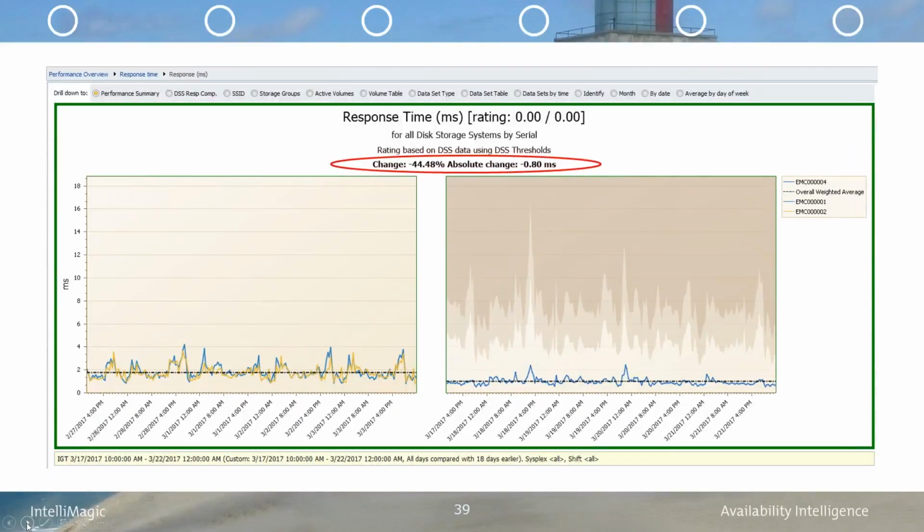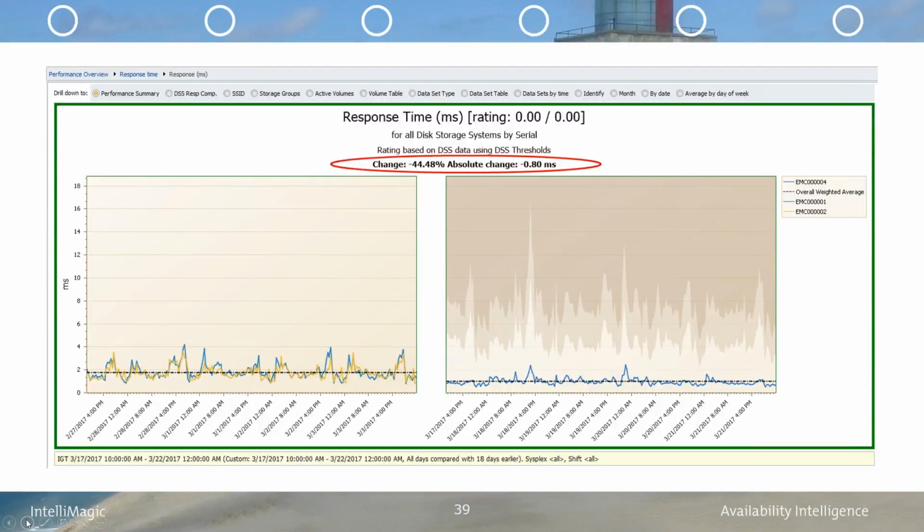So now, what was the proof of the pudding? Now we compare after the configuration fix back to the before case, before the migration.